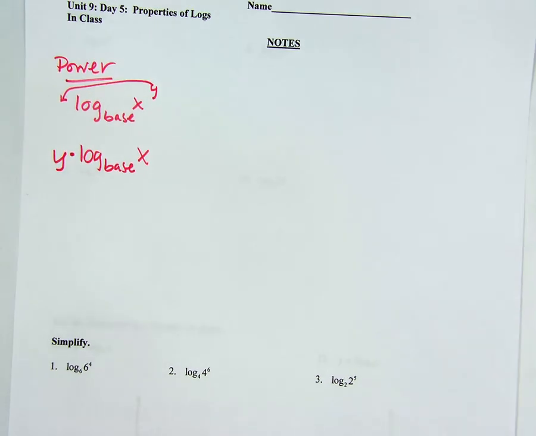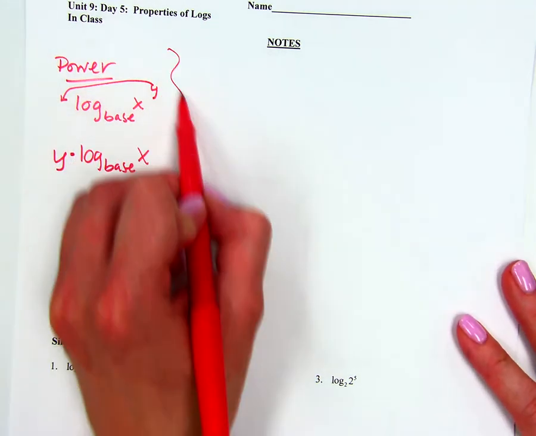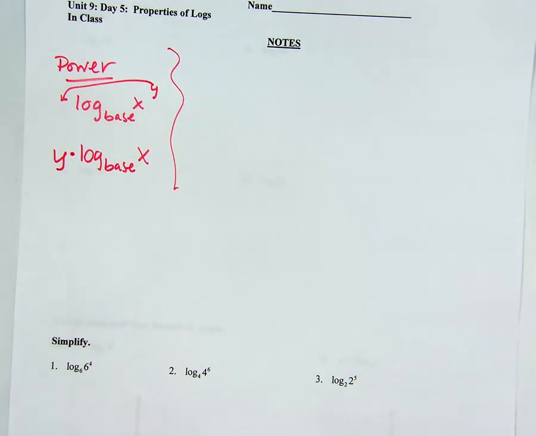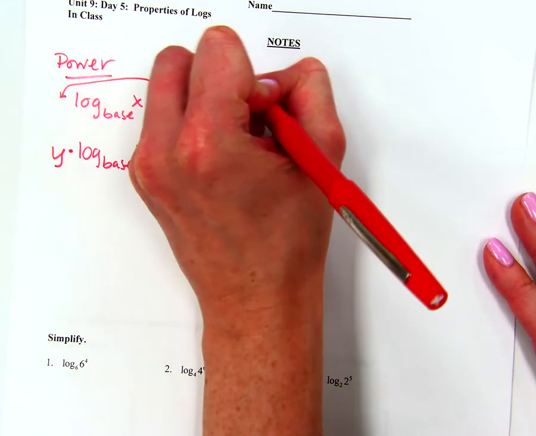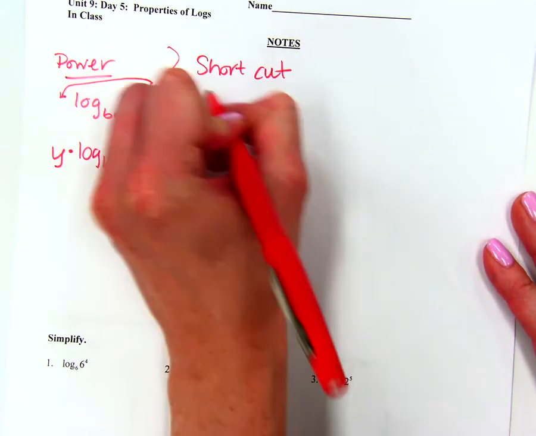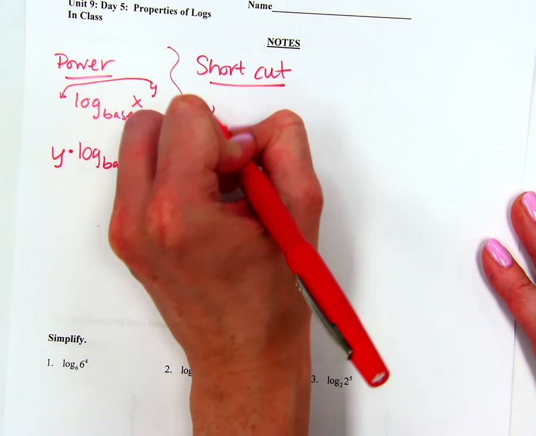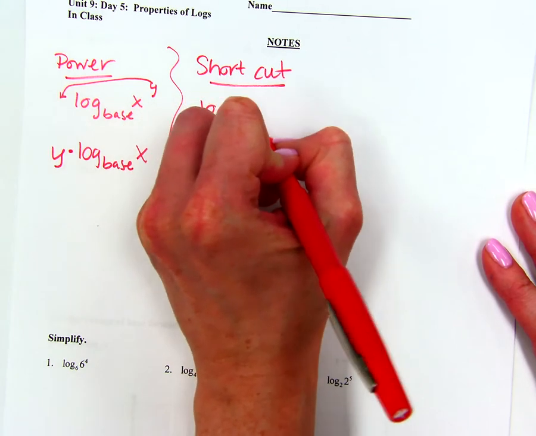So let's take a look at the shortcut method that we're going to talk about a little bit today, and then we have one more that we're going to review. The shortcut method looks like this.